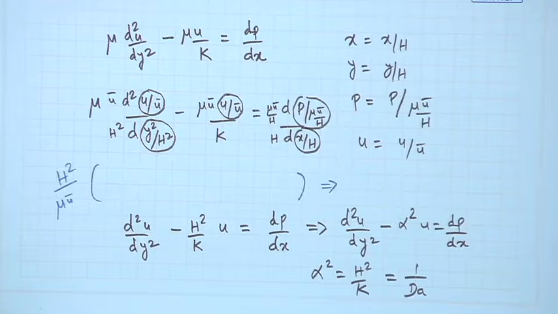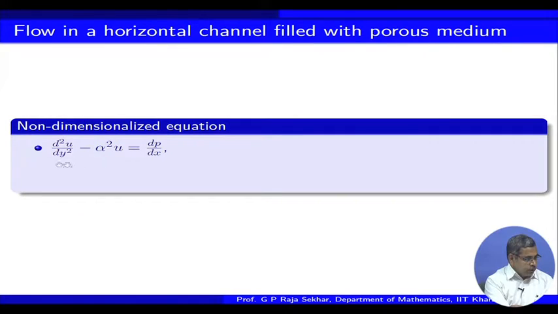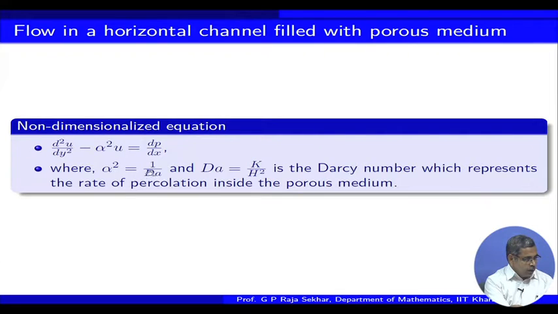That is what we have defined here. The non-dimensional equation we have just derived, and alpha square is 1 over Da, where Da is k by h square. This is the Darcy number, and this represents the percolation inside the porous medium, because this is proportional to the permeability. So, large Darcy number means large permeability, small Darcy number means small permeability.